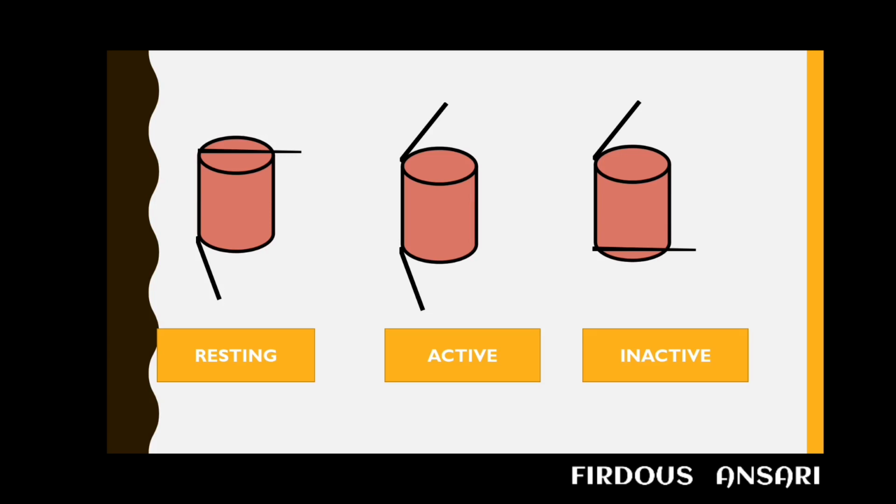Now after attaining the inactivation stage, if the voltage gated sodium channel wants to become active again, first it should move to the resting stage and then it can come to the active stage. We don't have any shortcut by which from inactive it can directly move to the active state. First of all, the inactive state is followed by resting, then active and then inactive. Once the voltage gated sodium channel has become inactive, it should flip back to the resting stage and then it can move to the active stage.